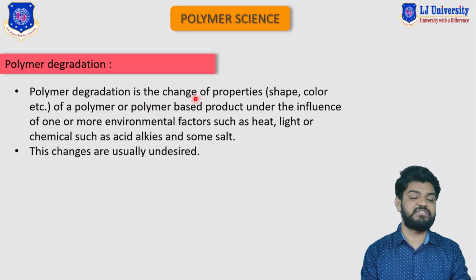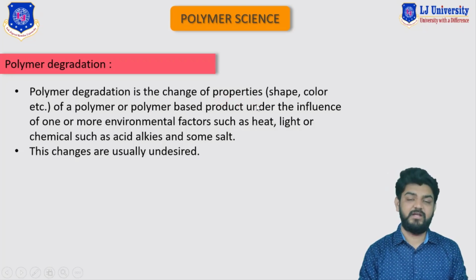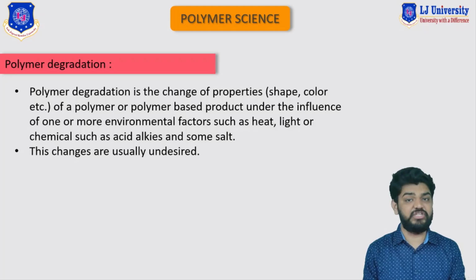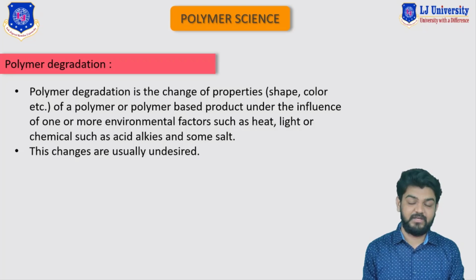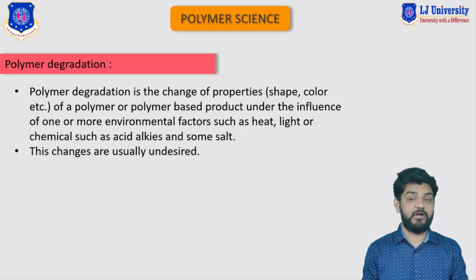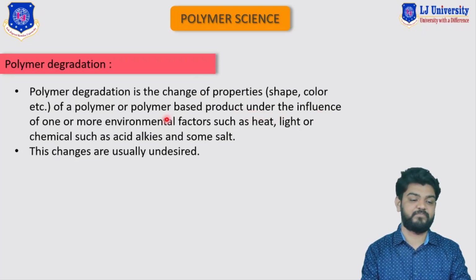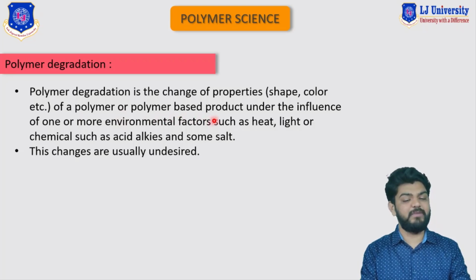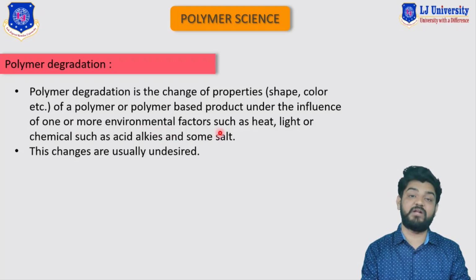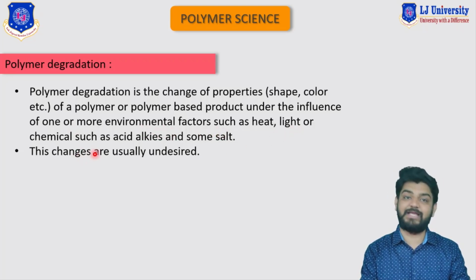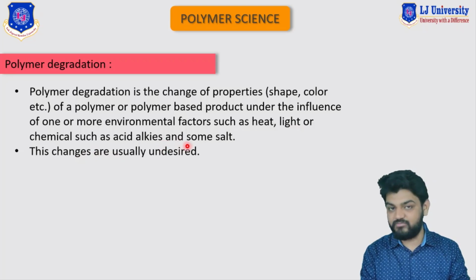Polymer degradation is the change in properties, right? So whenever we say there is degradation in the polymer, we mean there is a change in its properties. These properties can be shape, color, strength, etc. So polymer degradation means a change in a property such as shape, color and strength of the polymer, or the polymer-based product, under the influence of one or more environmental factors such as heat, light or chemicals such as acid, alkali and some salts.